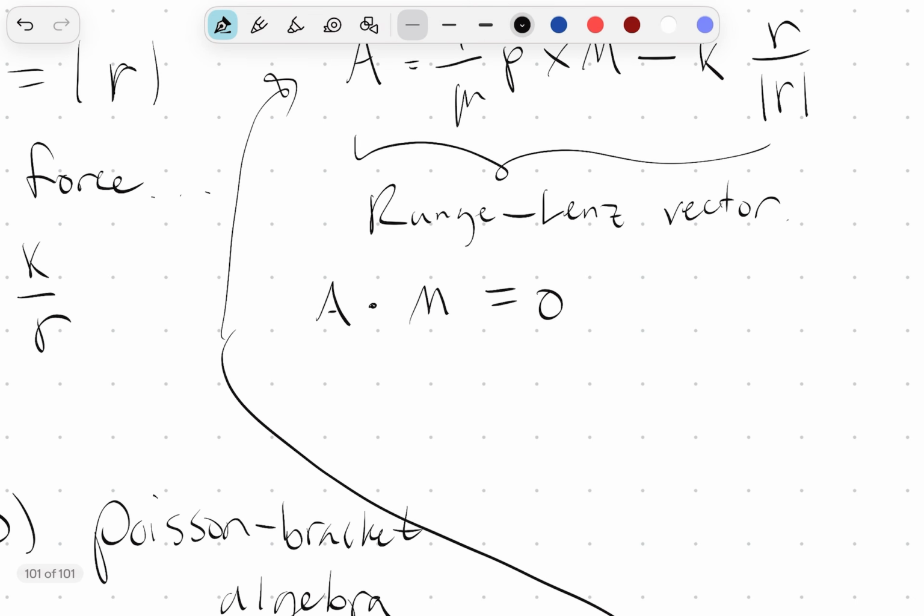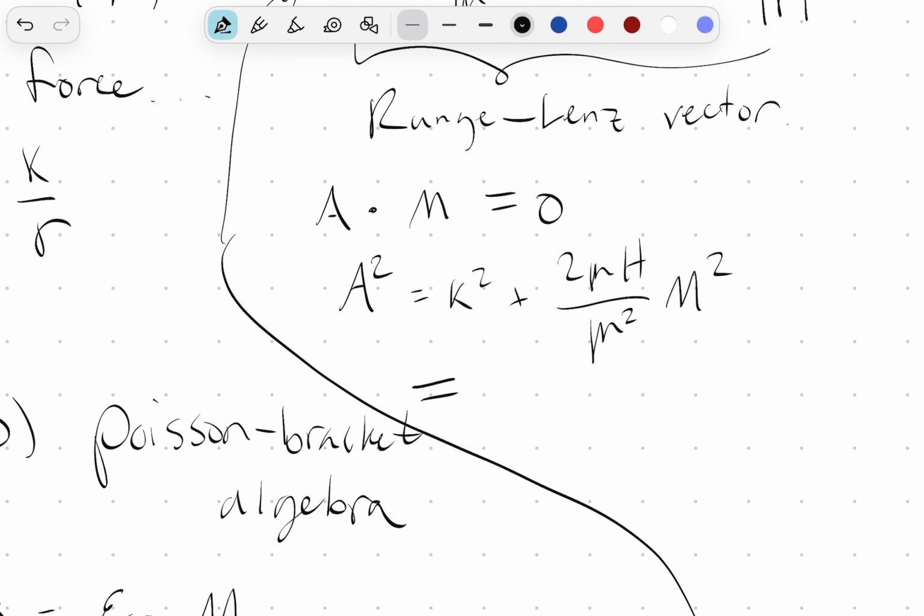And the magnitude of this vector, that will evaluate to this quantity, which implies kappa squared plus 2 times the Hamiltonian.